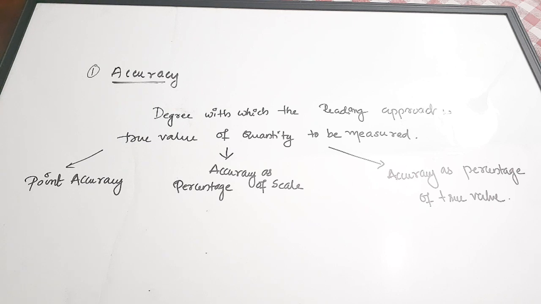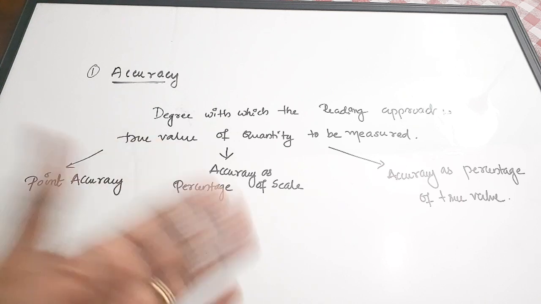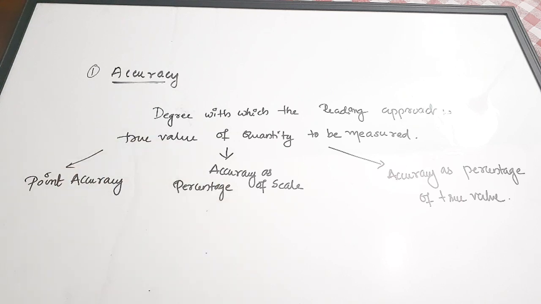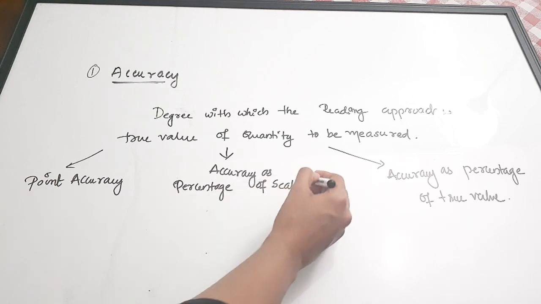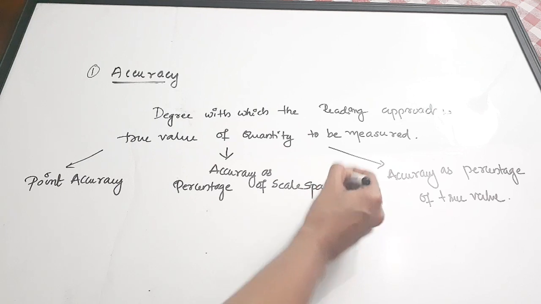That is the accuracy. Now we can express accuracy in three ways: point accuracy, accuracy as a percentage of scale span, and accuracy as a percentage of true value.